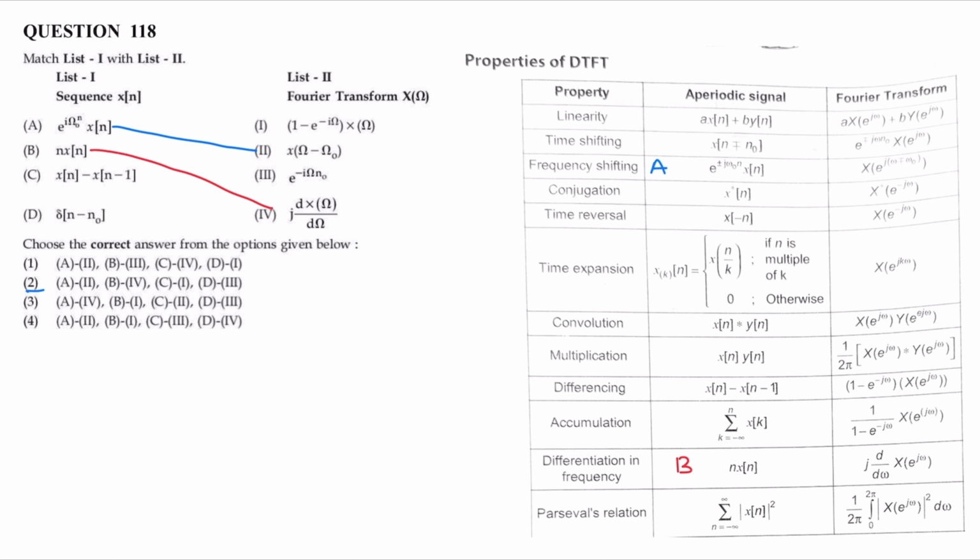Statement C is related to differencing: x of n minus x of n minus 1 is 1 minus e power minus j omega times X of j omega. C, it is 1.